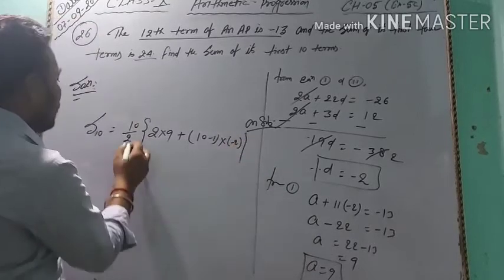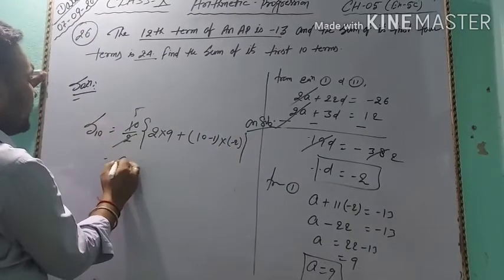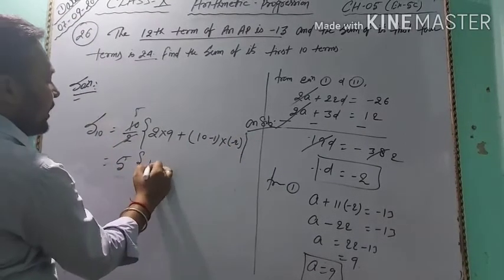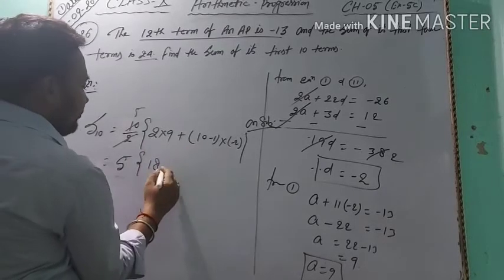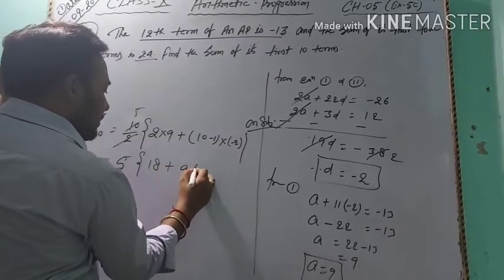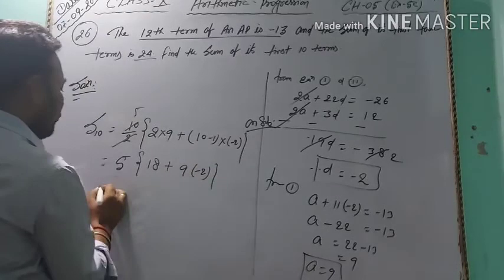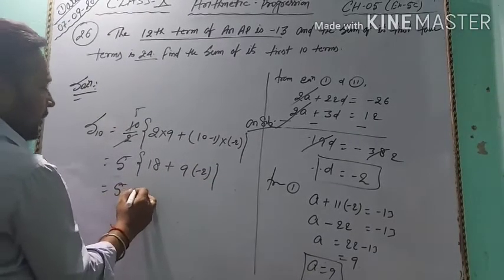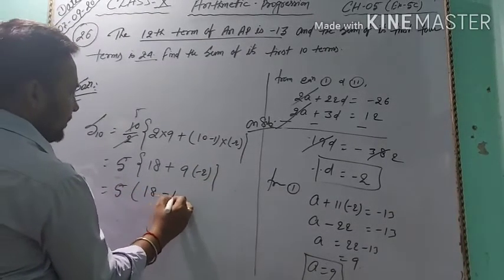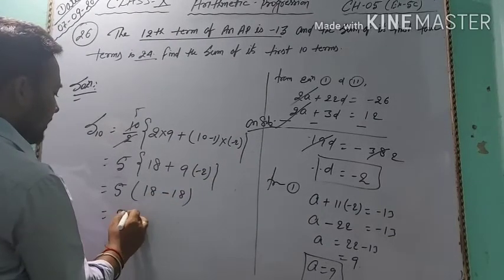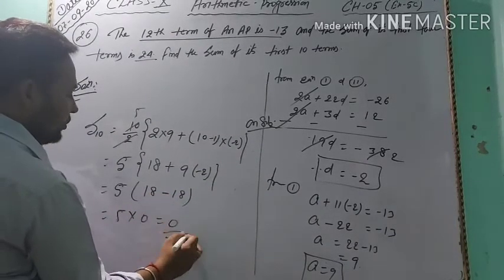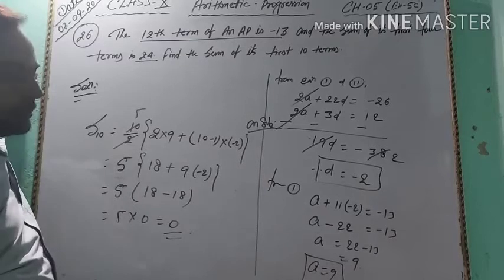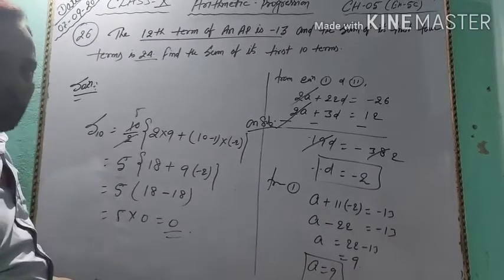So 10 by 2 is 5, 2 nines are 18, and 10 minus 1 is 9 multiplied by minus 2 is minus 18. So 5 times (18 minus 18), that is 5 multiplied by 0, that is 0. So the sum of first 10 terms equal to 0.